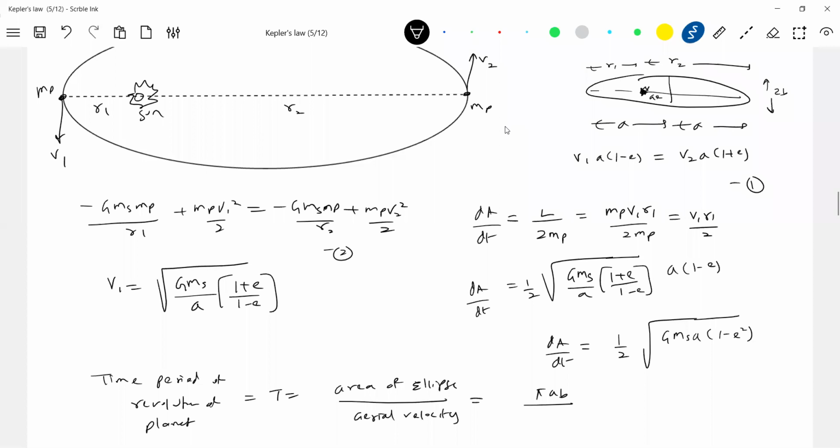Area of ellipse pi A B. And what is areal velocity? Just now we have calculated. Substituting this G M_S, okay, if you solve all this, that 2 and everything will adjust. Pi will be there as it is.